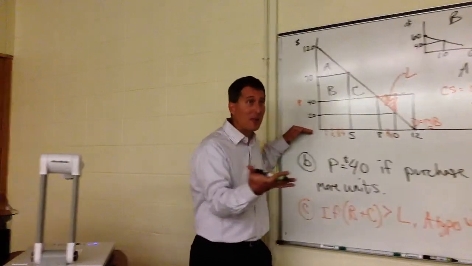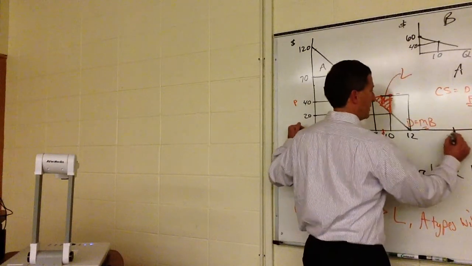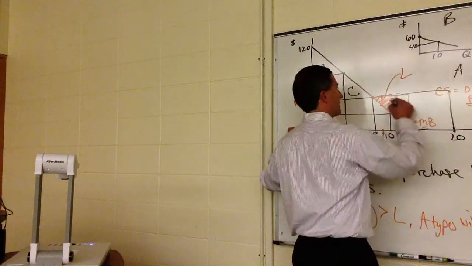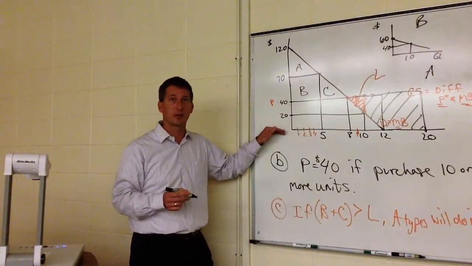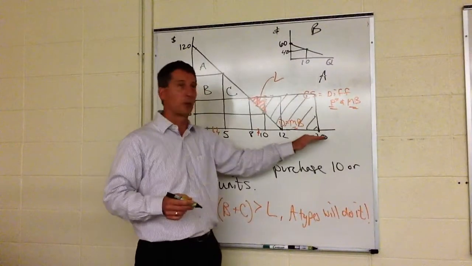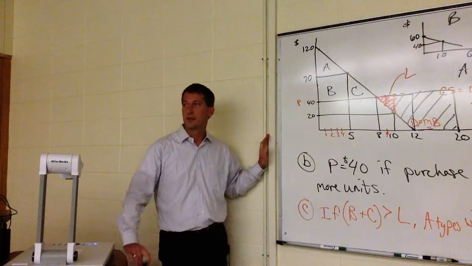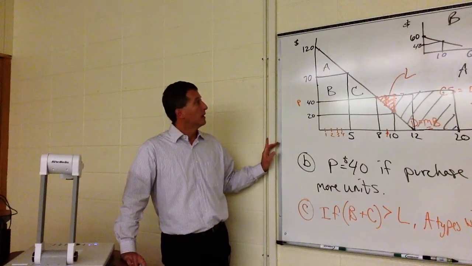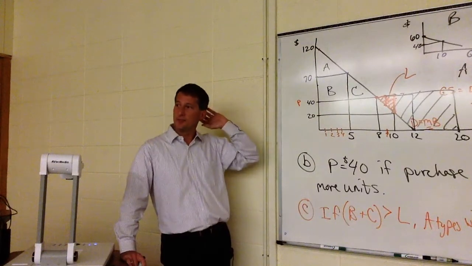But you still might buy them, because area L now just grows to 20. You're paying 40 and it's worthless to you. In fact, A wouldn't jump on. Right, L gets too big, A buyers aren't going to do it.